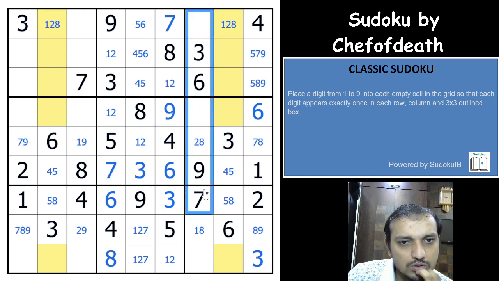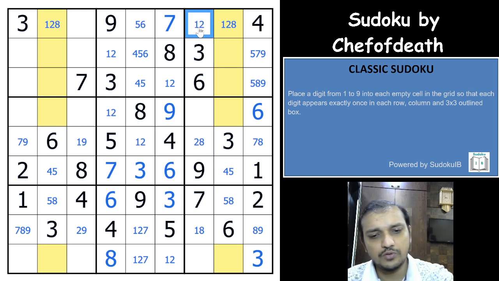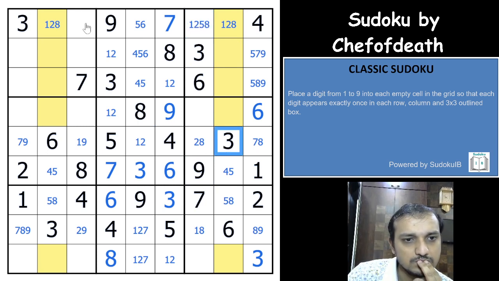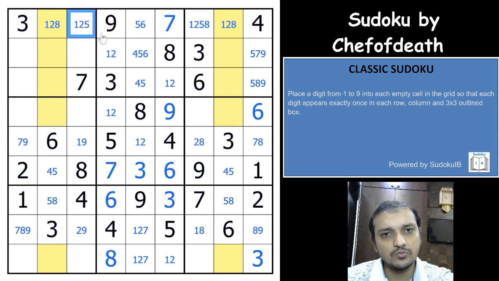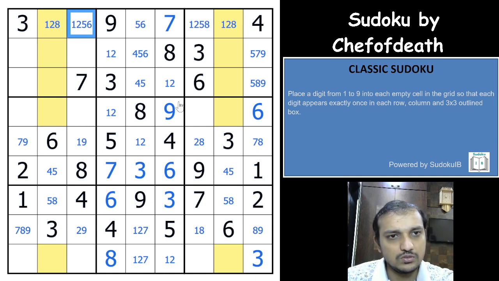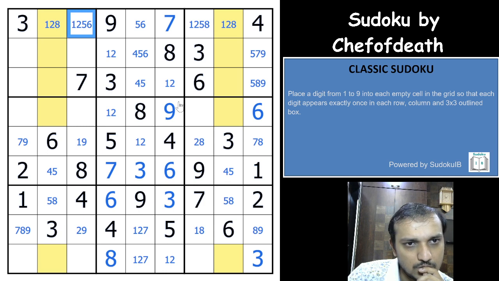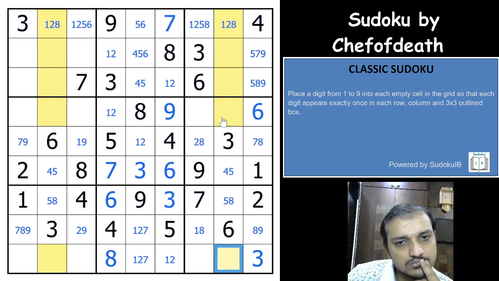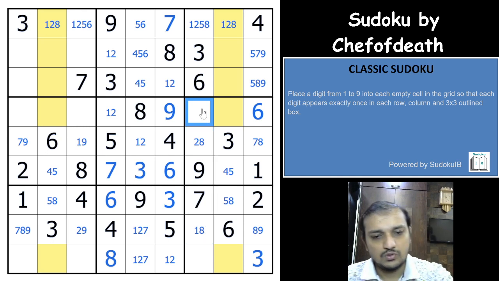One, two, four, five, eight. Four, one, two, five, eight. And this is one, two, five. And six. One, two, four, five, eight, two, one, four and five and eight.